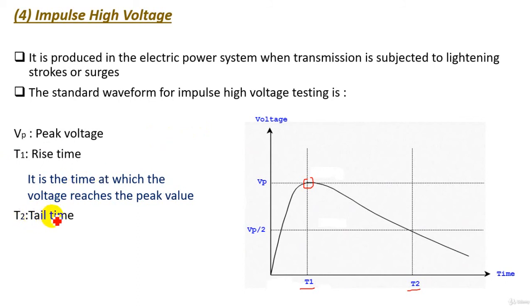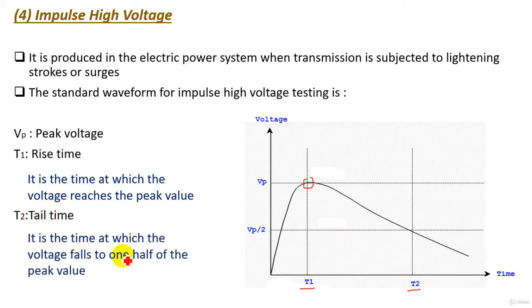T2 is tail time. It's the time at which the voltage falls to 1/2 of the peak value. When the voltage falls to V peak over 2, which is 1/2 of the peak value, the time is T2. T1, T2, and peak voltage V peak are important parameters that define the impulse high voltage.